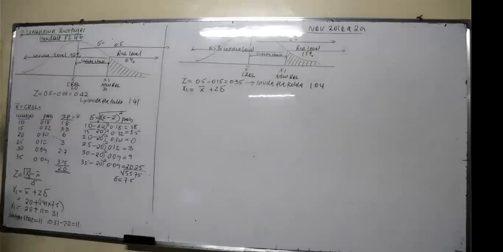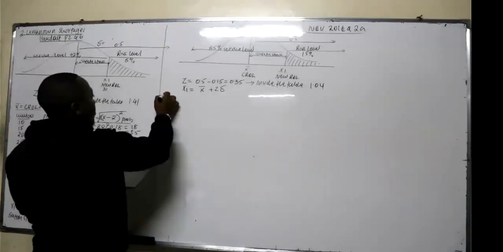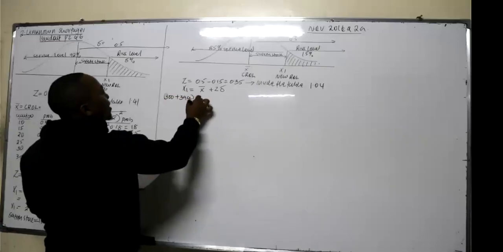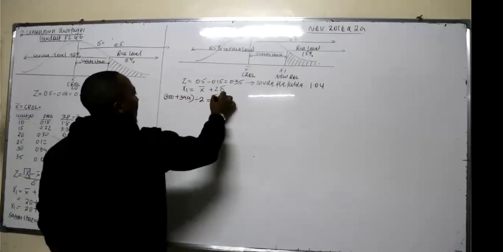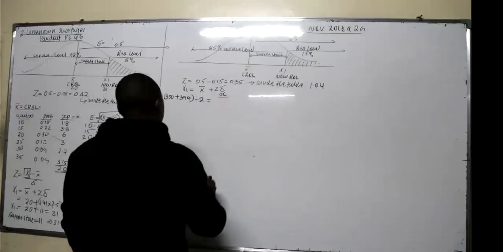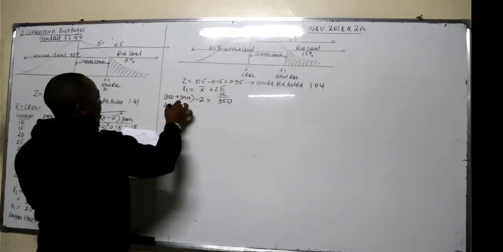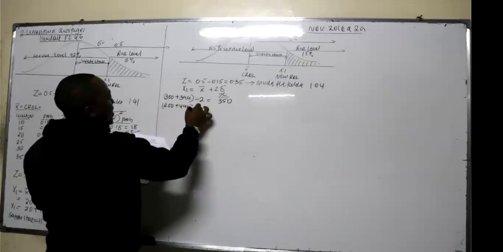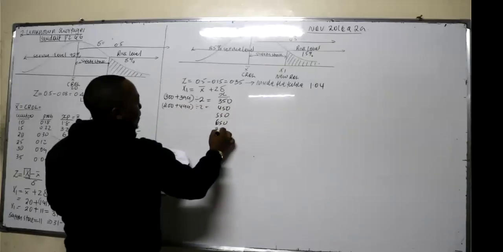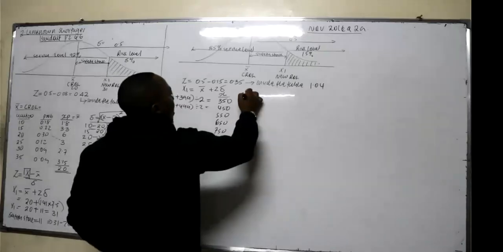So we have the actual demand during lead time. To get X, you see it is in ranges. The first one, you take 399 and divide by 2. How much is the average demand? You get 350. The other one will be between 400, and then you have the probability.